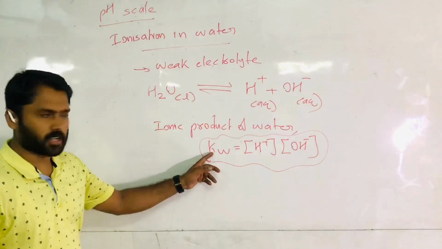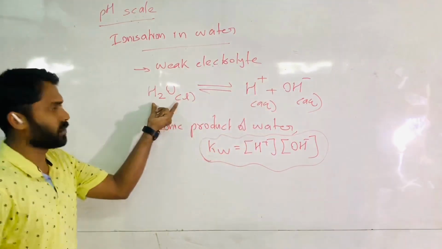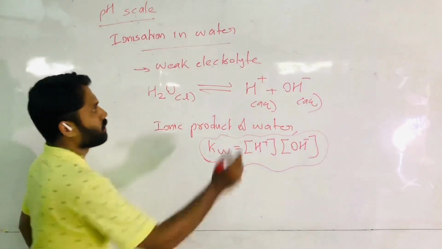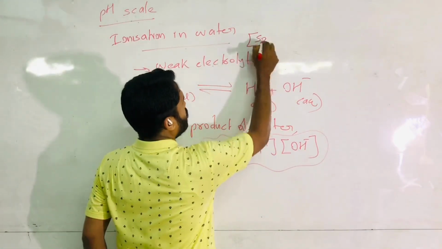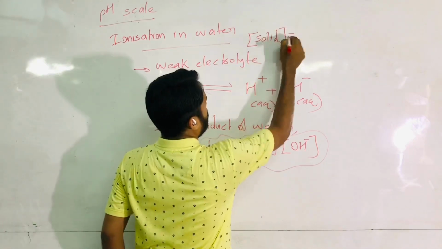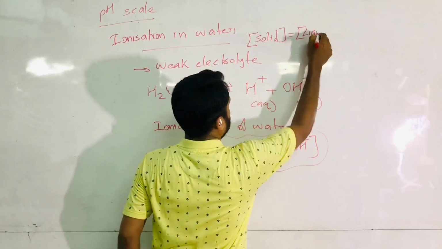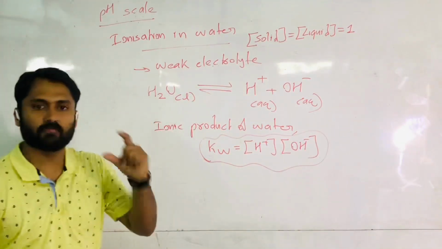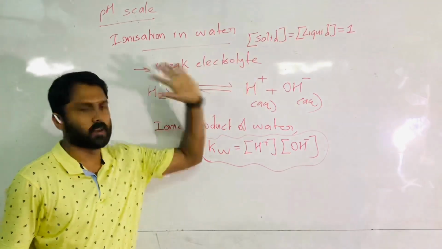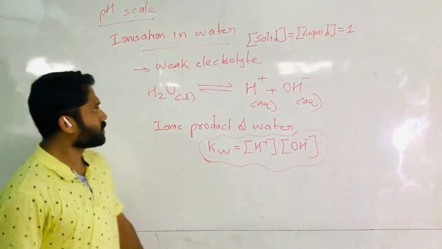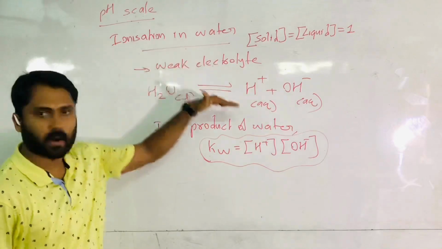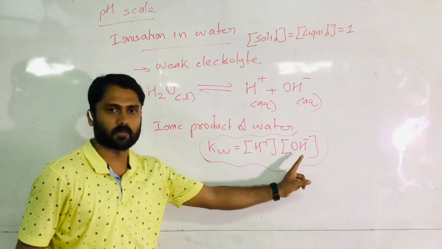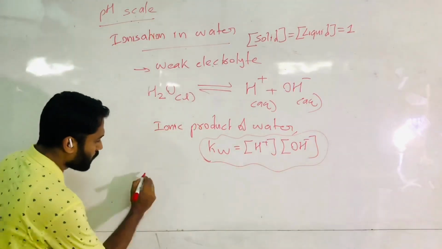Actually, the equilibrium constant is concentration of product by concentration of reactant, but here the concentration of H2O equals 1. We know the concentration of pure solid and pure liquid are considered as 1. This is about H2O, a weak electrolyte with partial dissociation. Its equilibrium constant Kw equals concentration of H plus into concentration of OH minus.